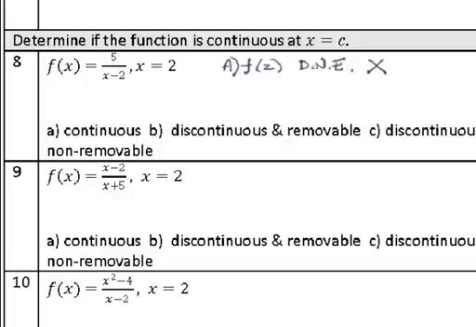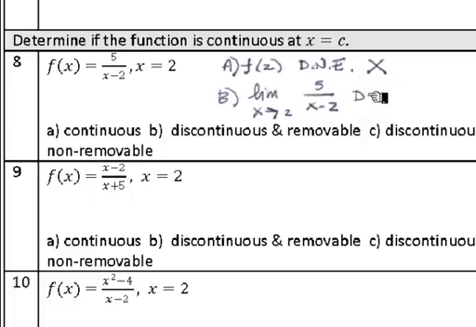Okay, so 2 is a discontinuity because a is not true. In order for it to be removable, b must be true. But what do we have in case b? Does the limit as x goes to 2 of 5 over x minus 2 exist? No, it doesn't, because the denominator is going to 0.